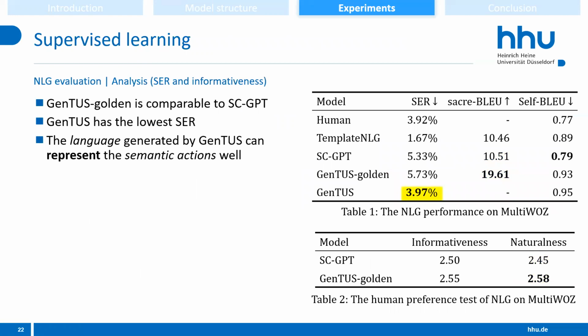Yeah, I think one reason is that the semantic action is also conditioned on the context information. So if I force the golden semantic act to generate the user action, then the model may be confused because this kind of input is not seen in the corpus.